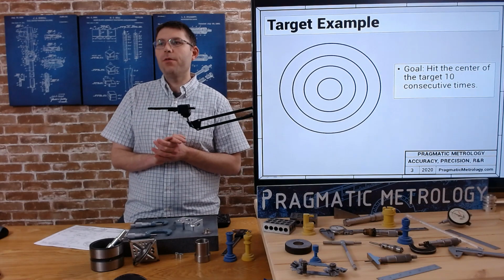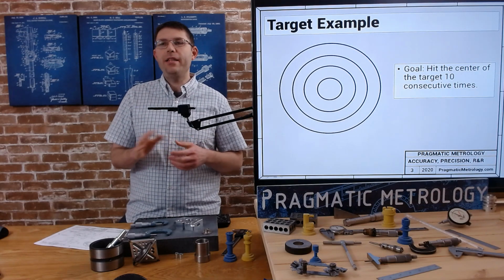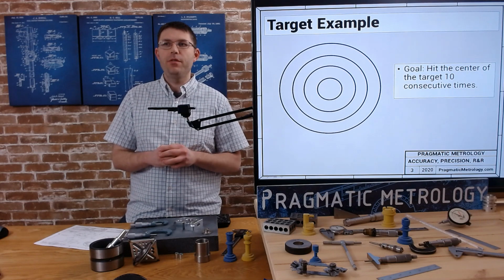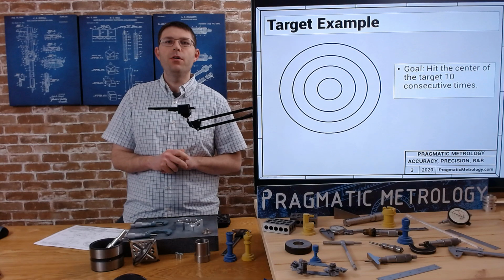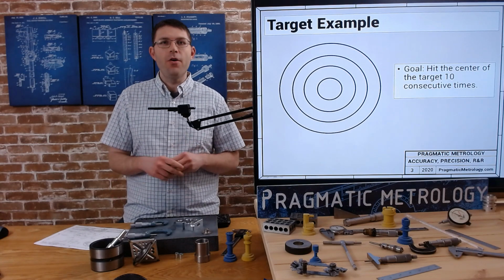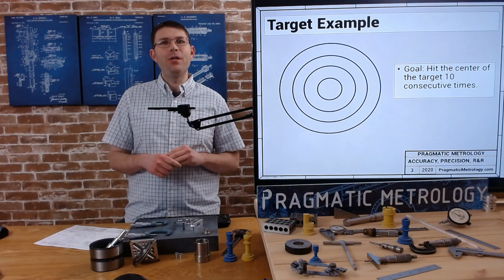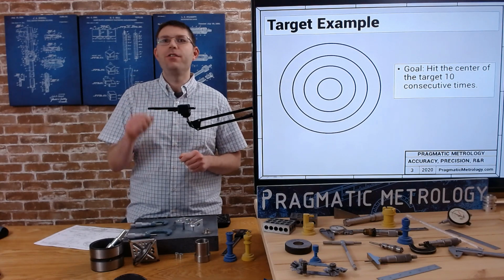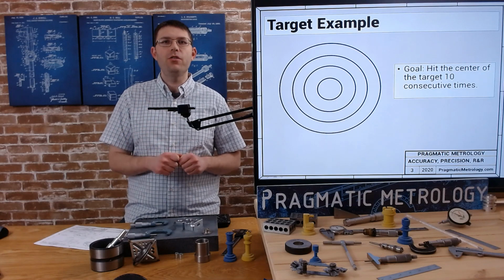We're going to walk through this goal. Hit the target in the center 10 consecutive times, right? So bullseye 10 times in a row. We want that in inspection. It might be difficult in real life to throw it at a dartboard, but in inspection, we want to hit that bullseye every single time so that we're making sure we get good parts.